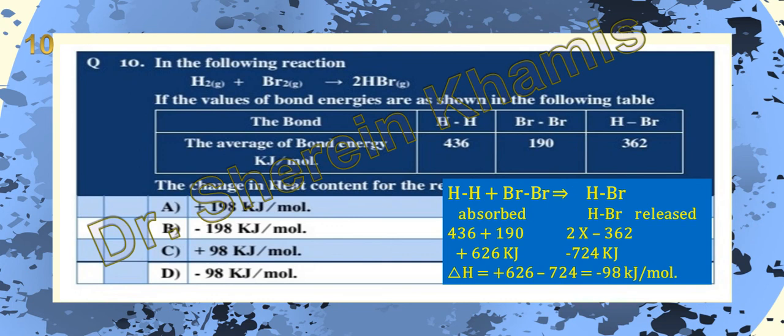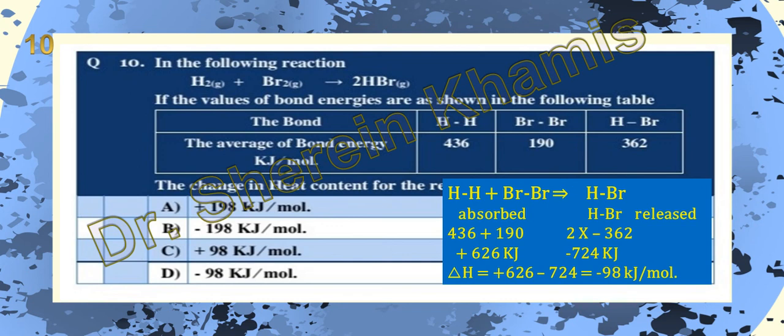As we break bonds, we form 2 moles of new product, so it will release energy and take a negative sign, so it is an exothermic reaction, with a sign of negative 98 kilojoule per mole.